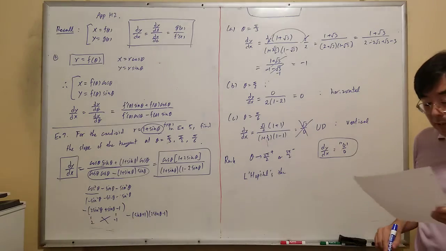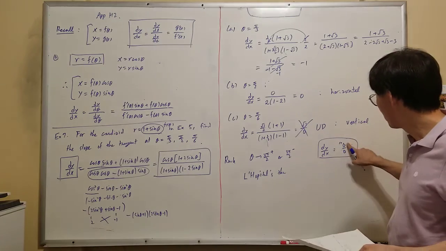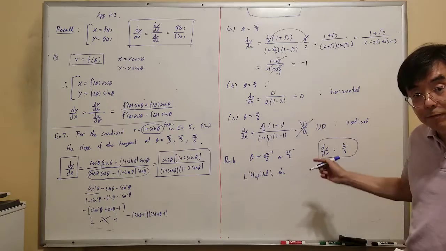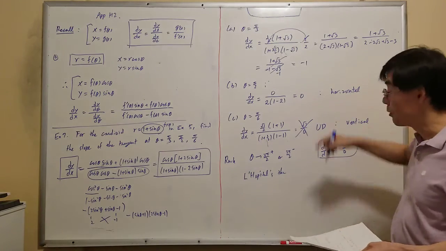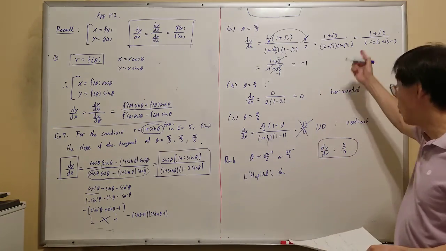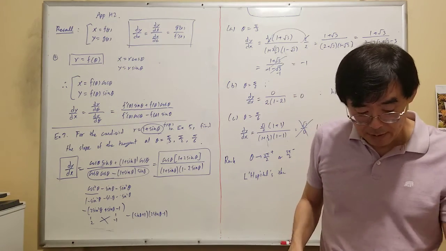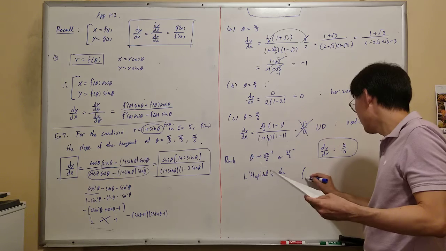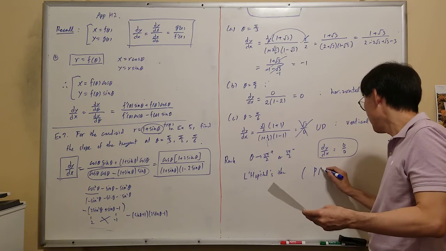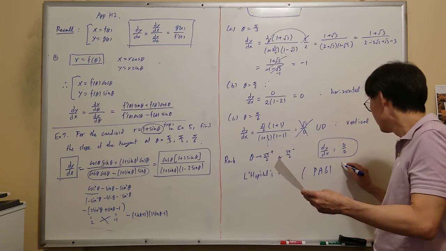Alright, so when you have a 0 over 0 form, you need to use L'Hopital's theorem to determine whether it is horizontal, vertical, or something other than those. Alright? Okay, those are discussed in detail on page Appendix 61 for this case.